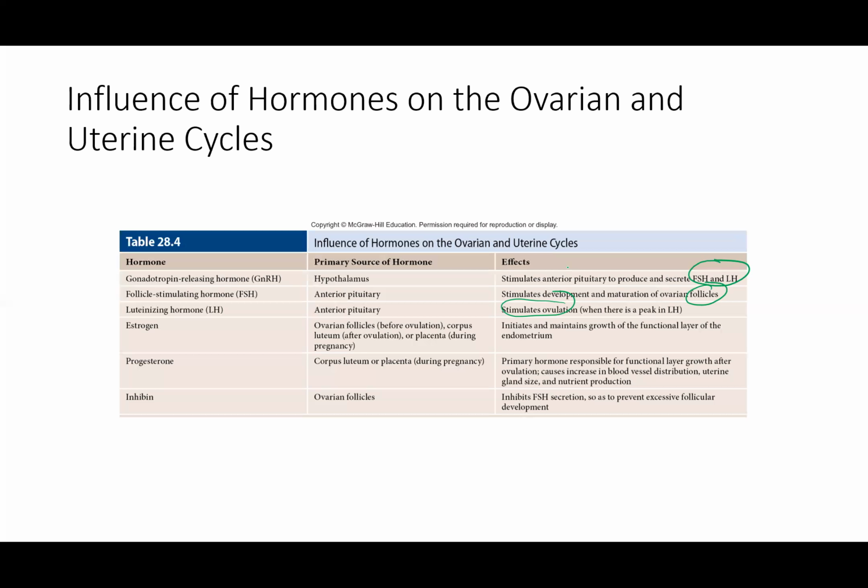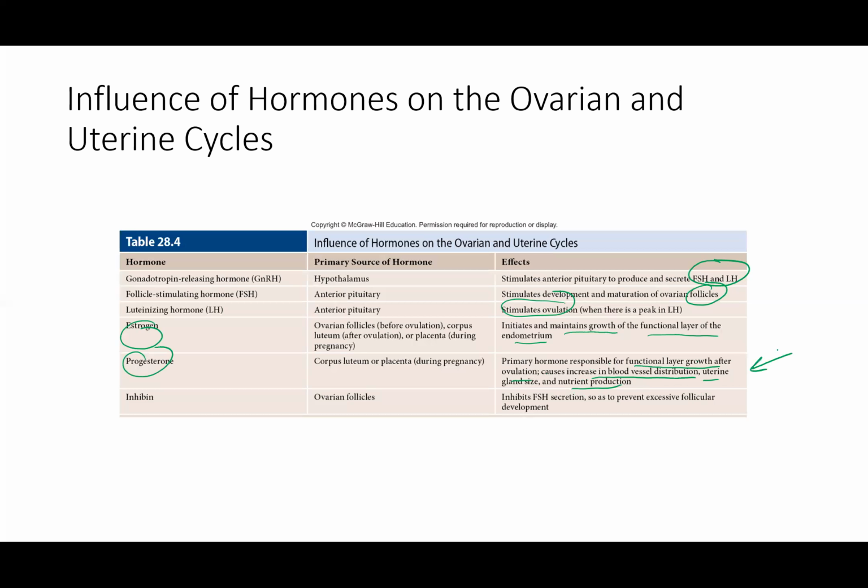Okay. Estrogen does help maintain the growth and function of the endometrium. Okay, the progesterone, it's primarily responsible for the functional layer growth after ovulation, increases blood vessel distribution, uterine gland size, and nutrient production.